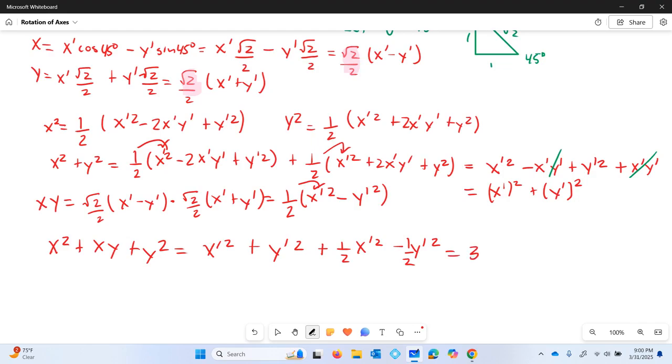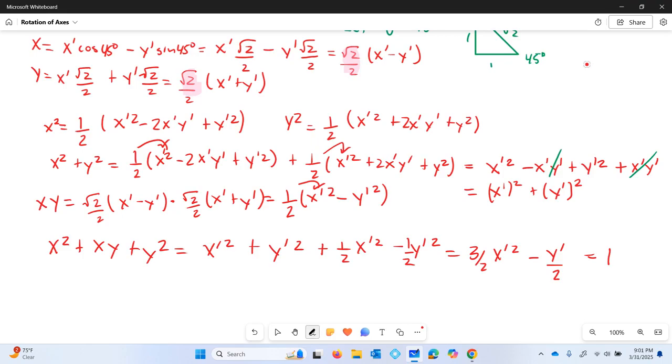So here, this is going to get added to give 3/2 x prime squared, plus y prime squared divided by 2, because that's divided by 2, but remember that all of this was equal to 1.